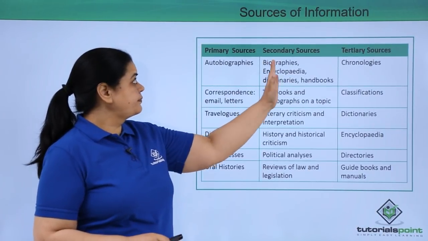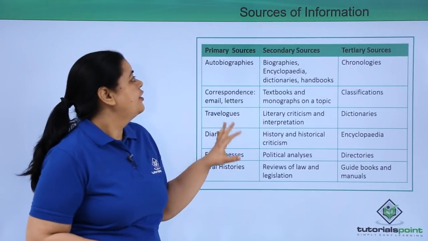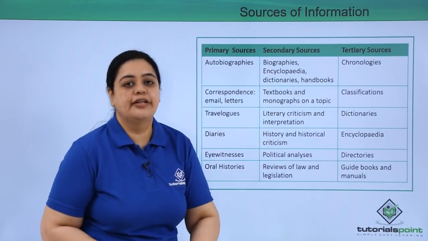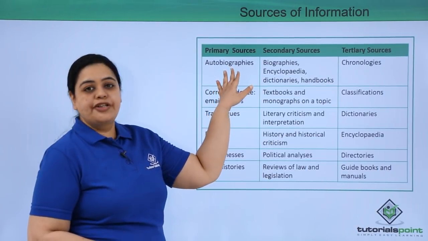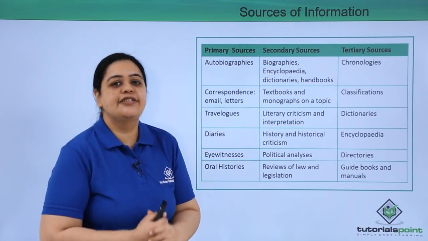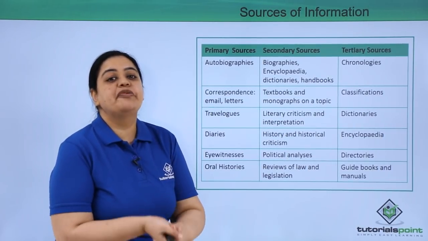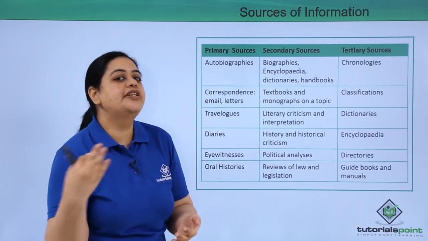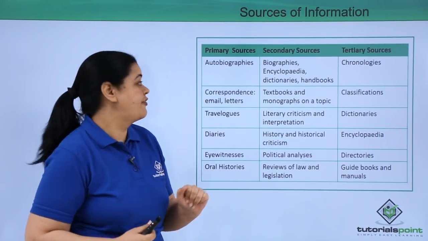Now, let's understand what are the sources of information when it comes to primary, secondary and tertiary. See, autobiographies. Let's say tomorrow if Amitabh Bachchan writes his own autobiography, so that would be a primary source of information for you if you want to do research on his life.